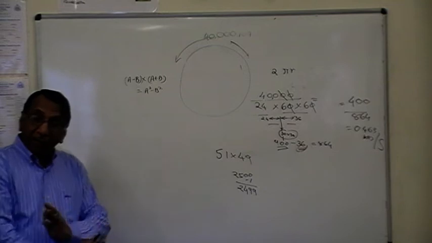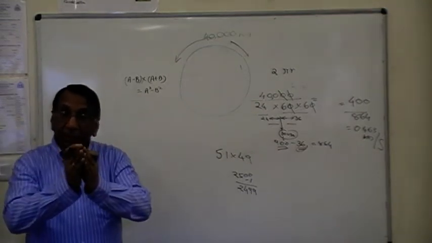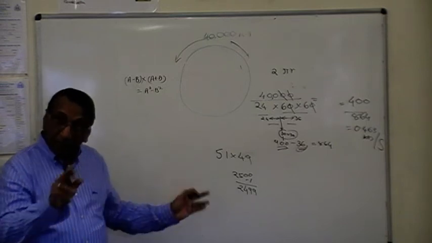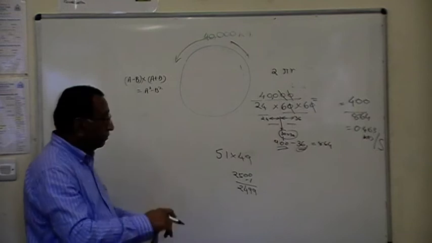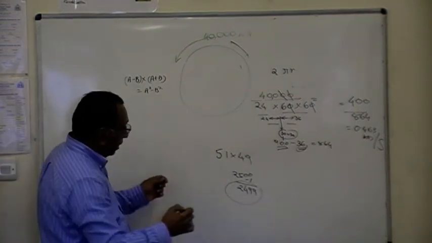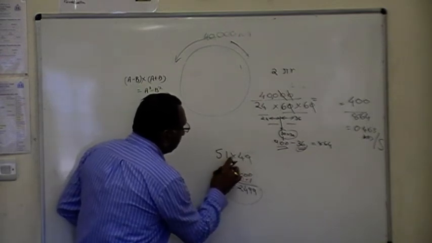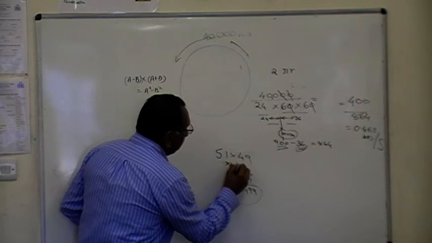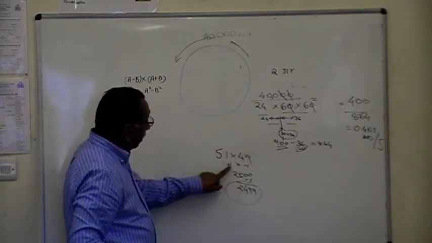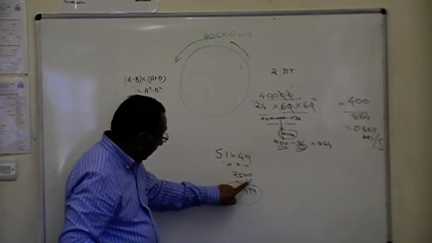So everywhere, wherever there are two different figures, find out the middle one and make a square and take out the square of the difference. So 51 minus 49, the difference is plus 1 minus 1, multiplied by minus 1. So plus 1 minus 1 is minus 1. Right? So take out the minus 1.